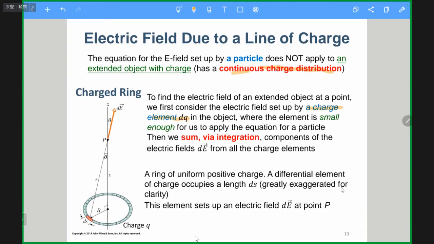Greatly exaggerate for clarity, and then this element sets up the E field dE at point P. Okay, so of course for this question, we don't actually need to use calculus. We don't actually need to use integration. After finishing the derivation, you can see that it's just like integrating a constant, which is kind of silly.